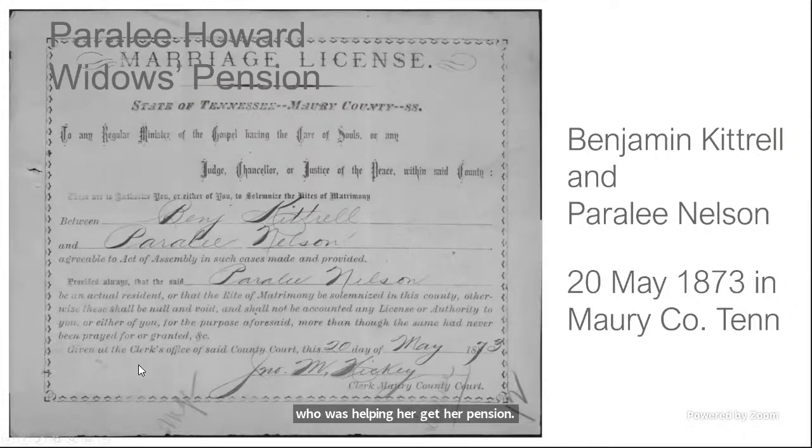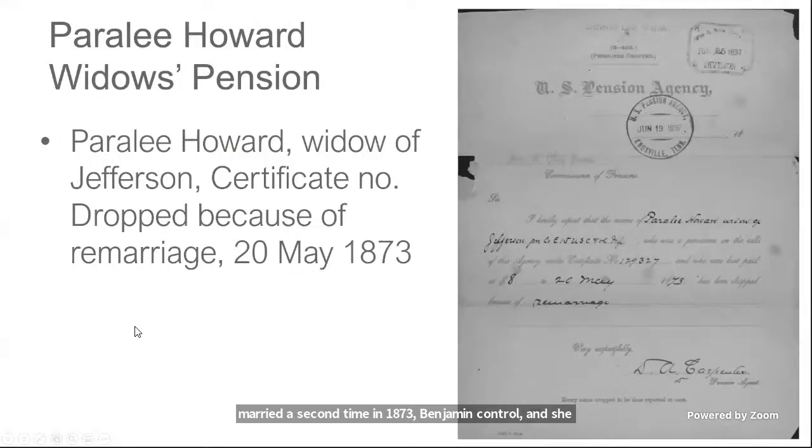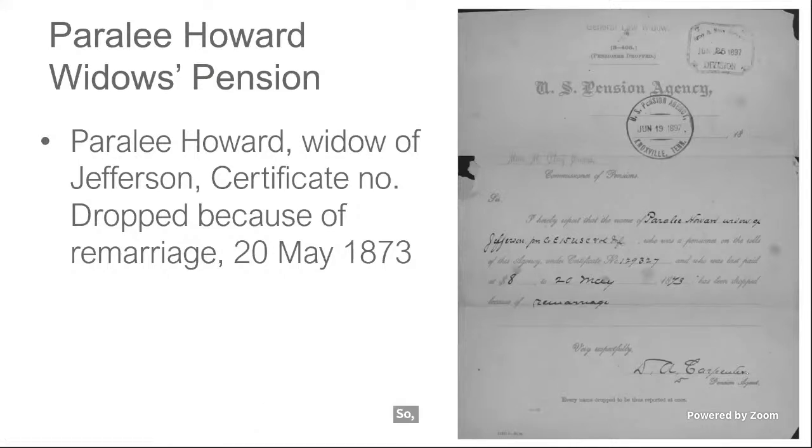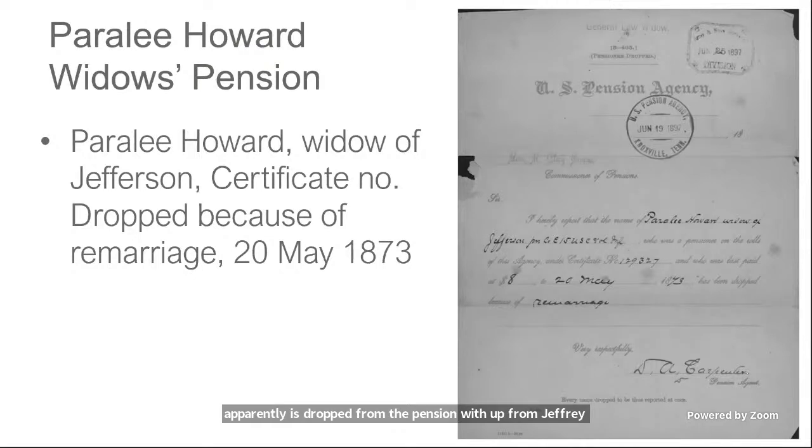Pearly married a second time in 1873, Benjamin Cottrell, and she married under the name of Pearly Nelson. So Pearly is dropped from her pension from Jefferson Howard's service because she remarried.